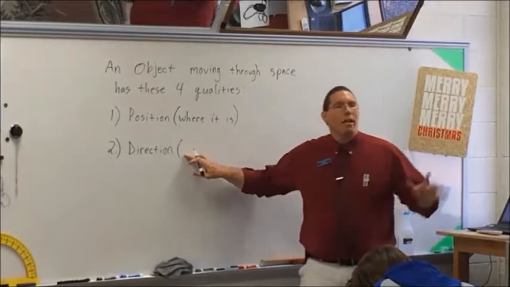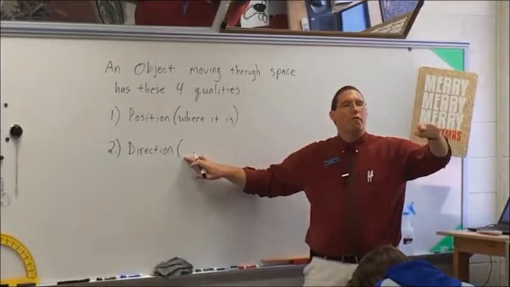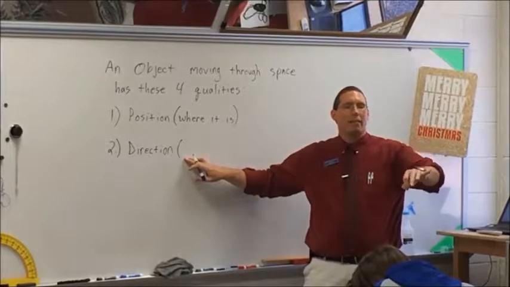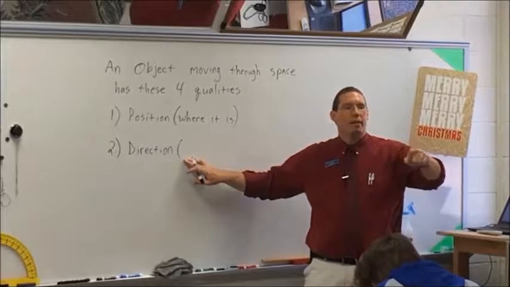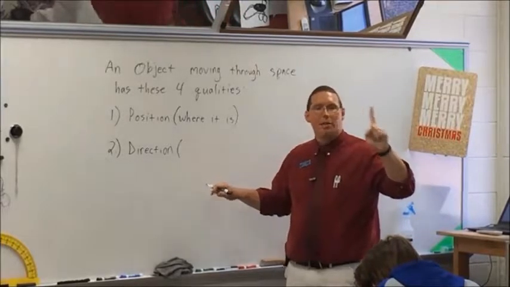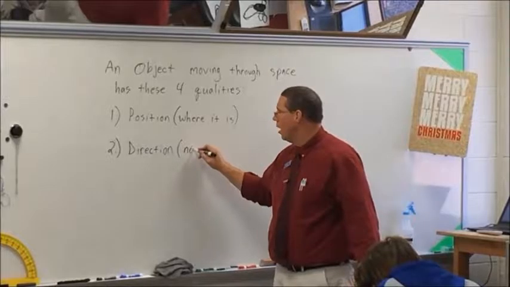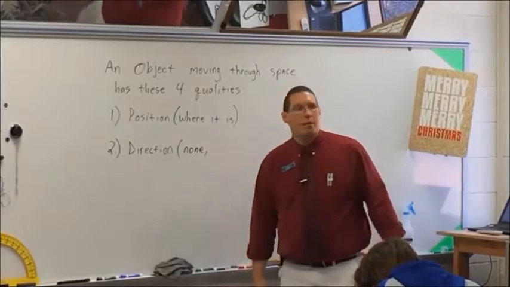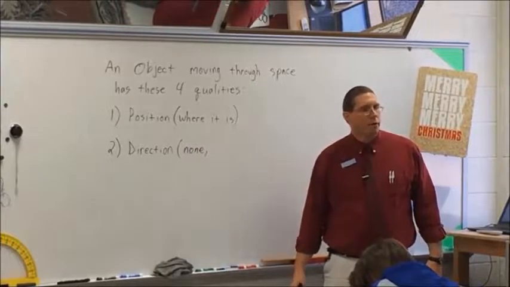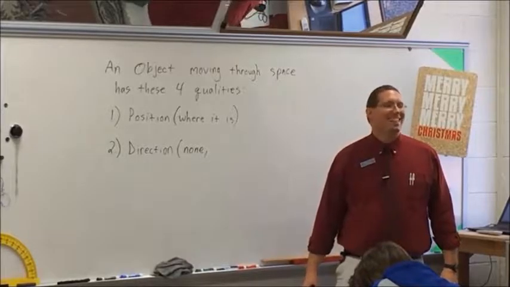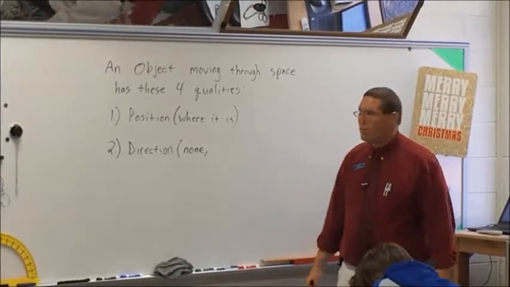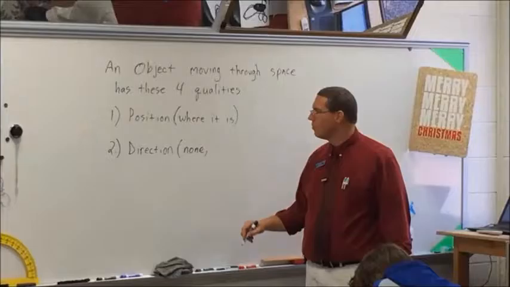So here's how we refer to direction mathematically. Any object in motion has direction, and that direction can be none. It has no direction. Does that just mean it's stationary? Yes, it means it's not moving in any direction at all.